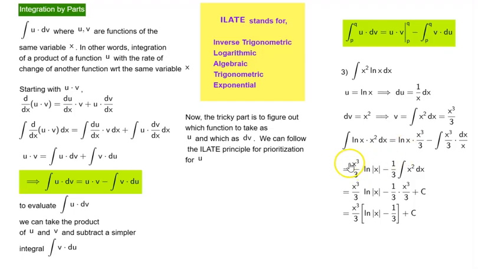So we have x cube by 3 natural log of x minus 1 by 3 times the integral of x square dx. Again, x cube by 3 natural log of x minus 1 by 3 times x cube by 3 plus c. Simplifying it, we get x cube by 3, which is common to both terms, times the natural log of x minus 1 by 3, plus c.